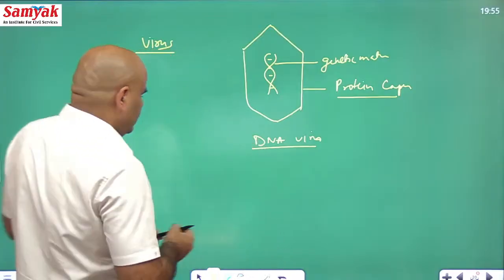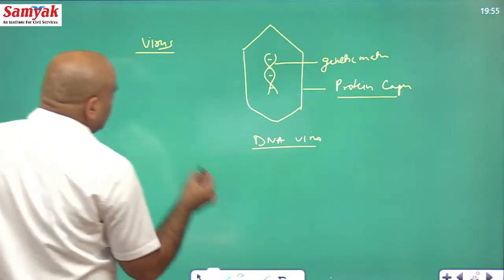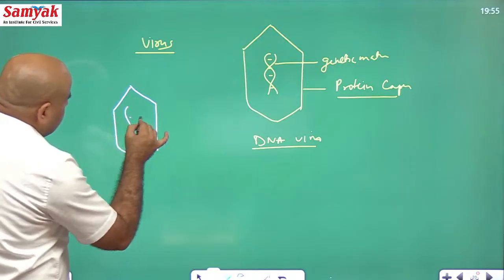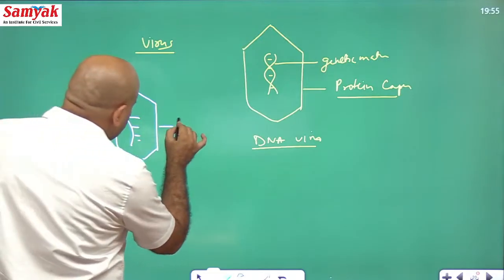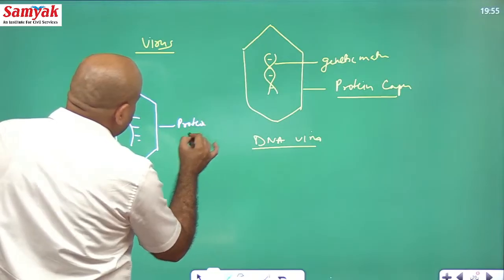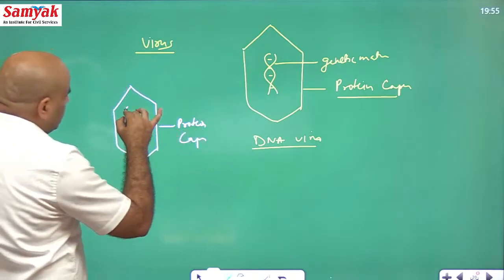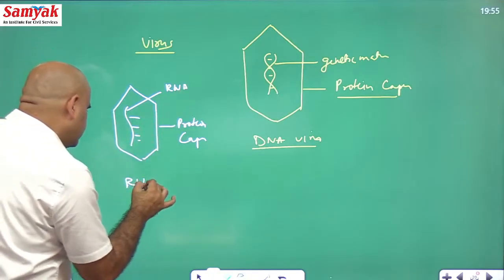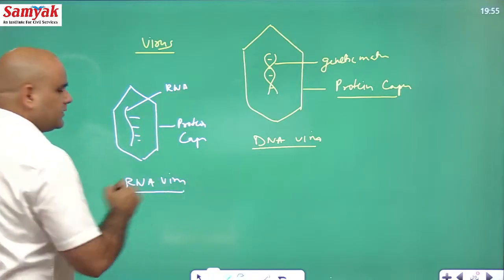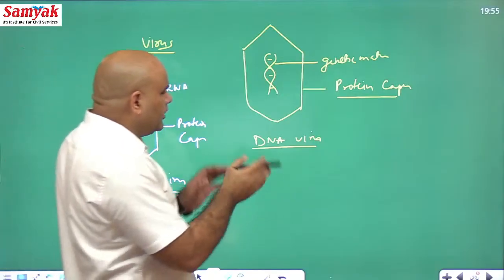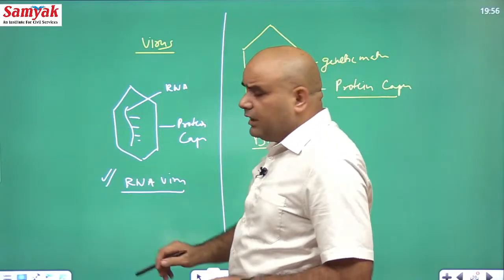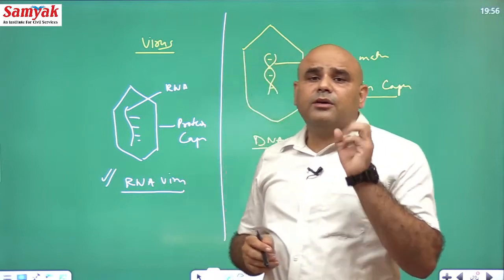Then after, some of the viruses, they are like this. So again, here is protein capsule, and this is what? RNA. So I will say this virus is RNA virus. So whenever you are talking about RNA virus or DNA virus, you need to understand nowadays RNA viruses are more harmful.